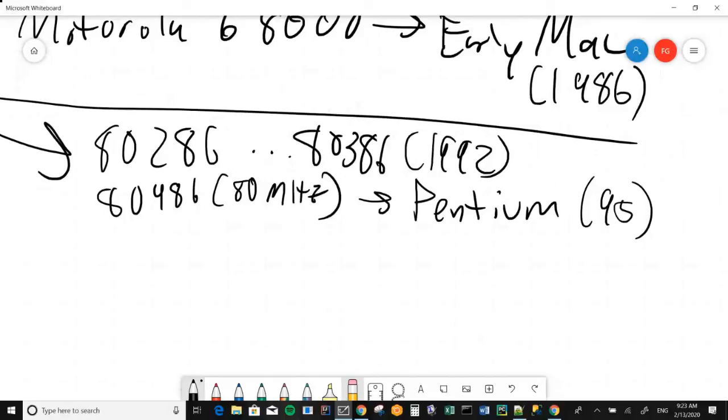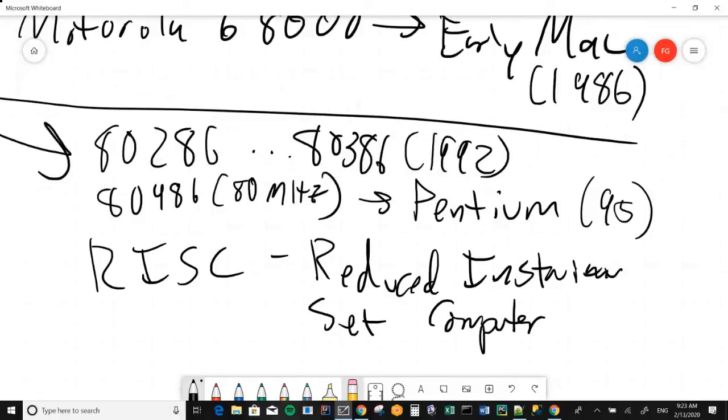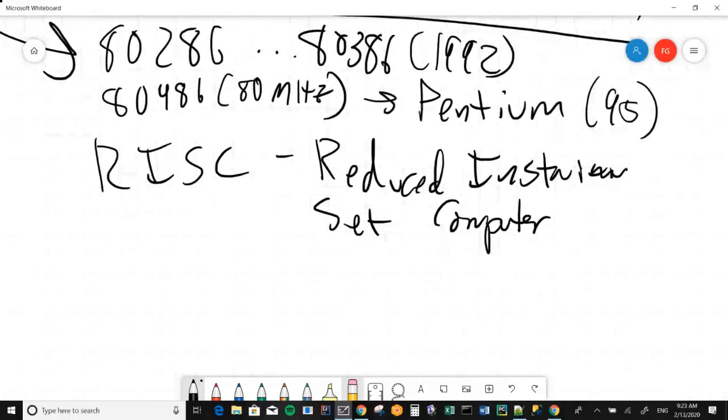So at this point came the notion of what was called a RISC machine. That stood for Reduced Instruction Set Computer. And the RISC chips first became popular in the CPUs produced by Sun Microsystems.